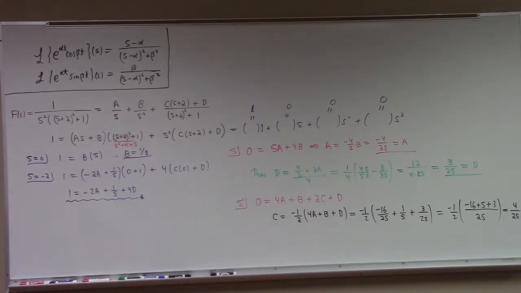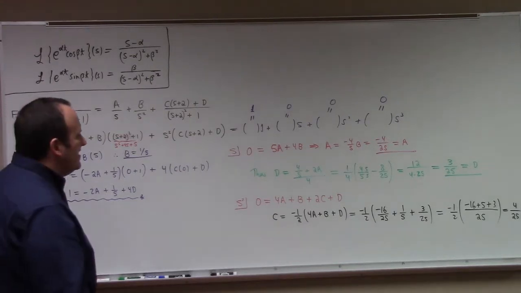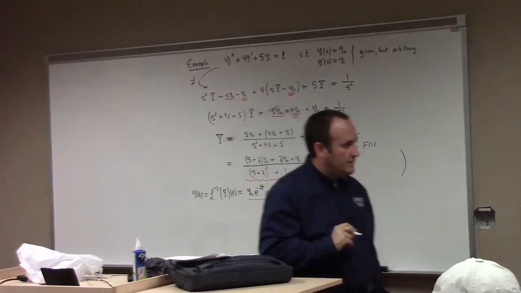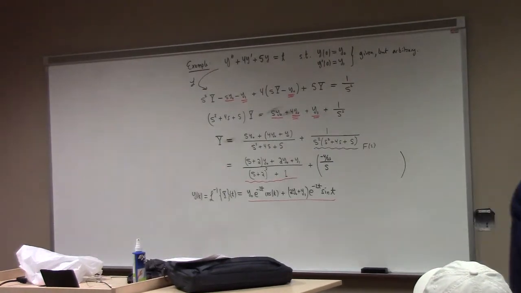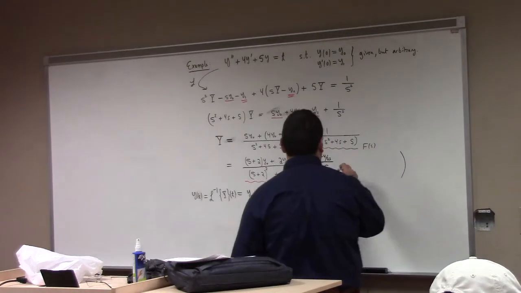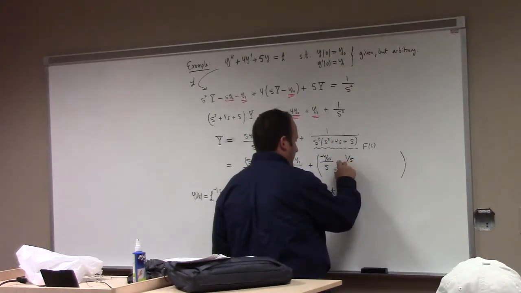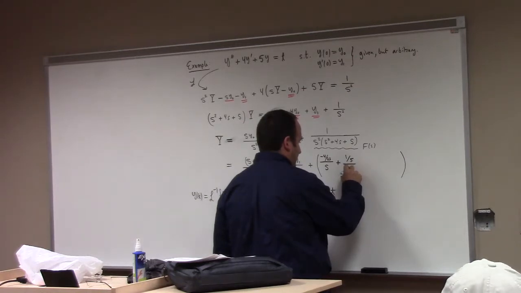The partial fractions decomposition of this, my A is minus 4/25. So I've got minus 4 over 25 divided by s. What was my B? Well, 1/5, right? So plus 1 over 5 divided by s squared.